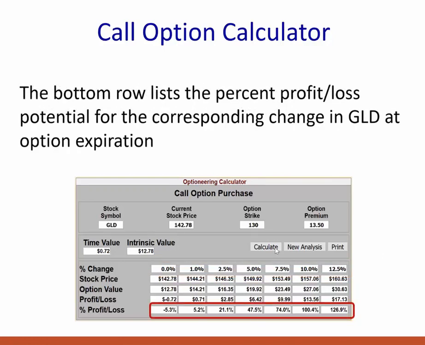And when we click calculate, the calculator will calculate the profit loss potential, and the bottom row right here is the percent gain for the option corresponding to the change in the top row here. So if the GLD is flat at option expiration, the option will lose 5.3%.